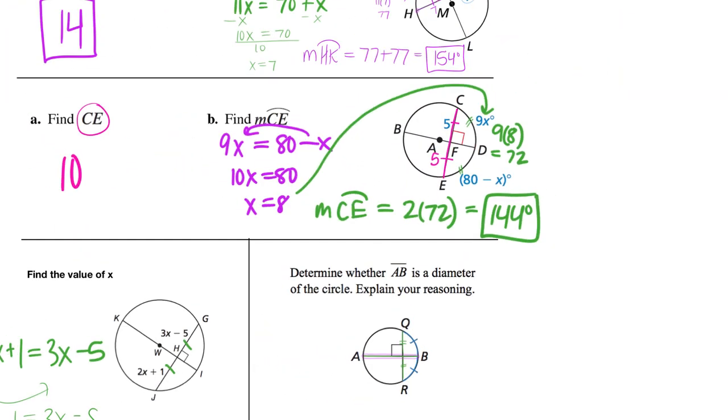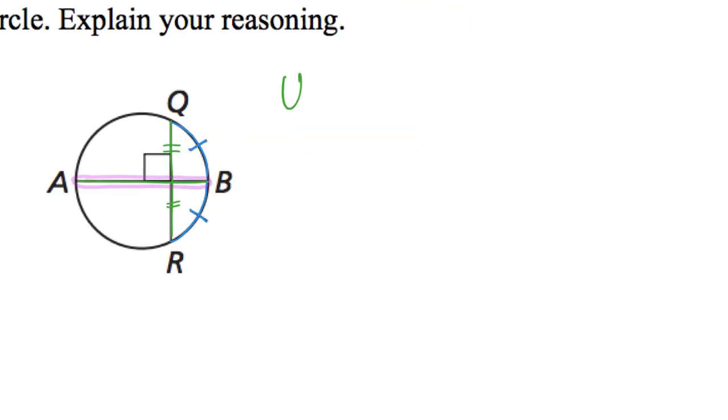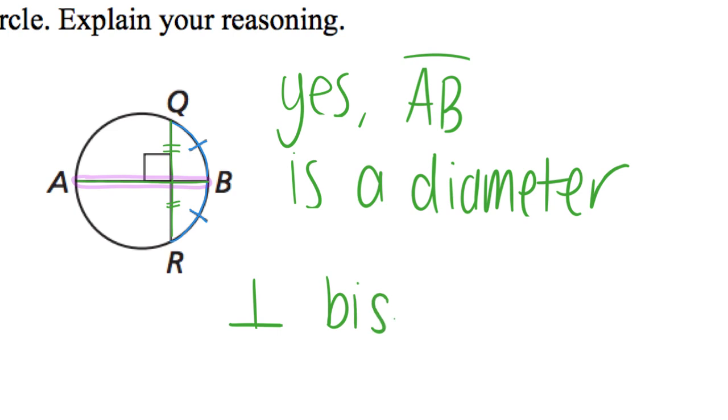So that's kind of like the converse. We would consider that the converse of this theorem. This theorem says if the diameter is perpendicular to a chord, then it bisects, right? But in this picture, we can see that it bisects, so we know that it has to be a diameter. So we will say, yes, AB is a diameter, and that's because it is a perpendicular bisector to QR.